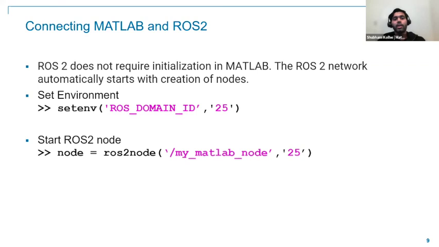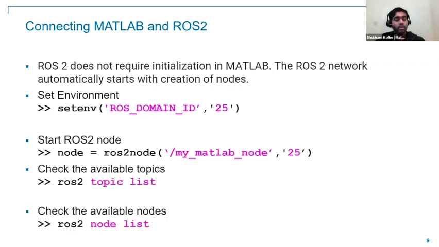To start a ROS2 node, you use a function called ros2node, specify the name, and start it. As soon as you start the node, your ROS2 network is enabled. You can use commands like ros2 topic list to get the available topics which you have, and ros2 node list to get all the nodes that you have.